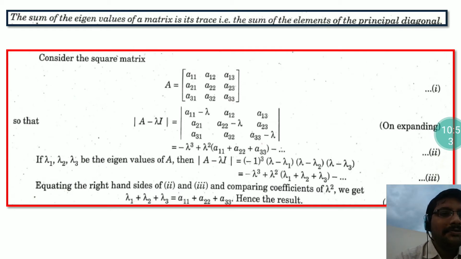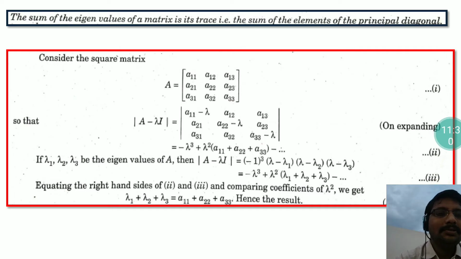So the determinant is equal to negative lambda cube plus lambda square into (a11 plus a22 plus a33) minus and so on. I have already given a shortcut formula in previous videos: negative lambda cube plus lambda square into the sum of the leading diagonal elements minus lambda into the sum of minors plus the determinant of the matrix A.